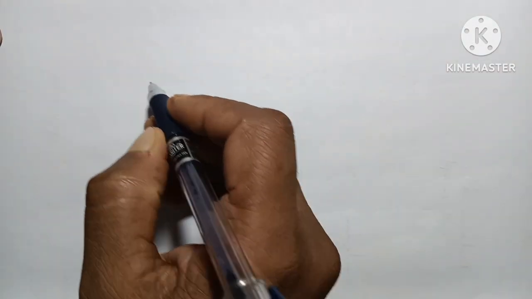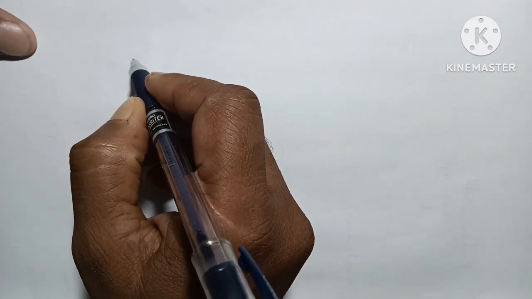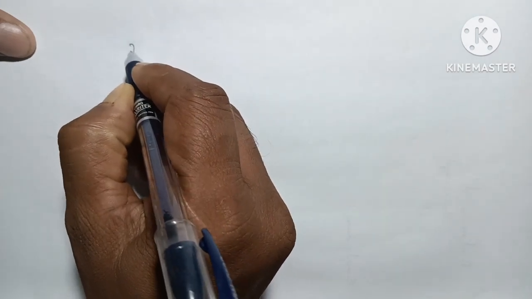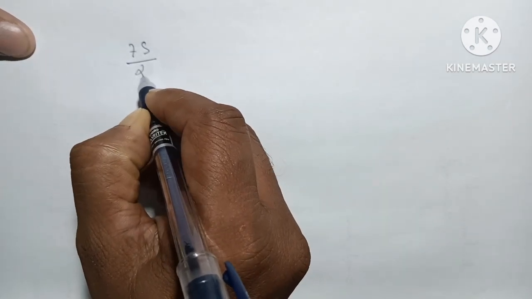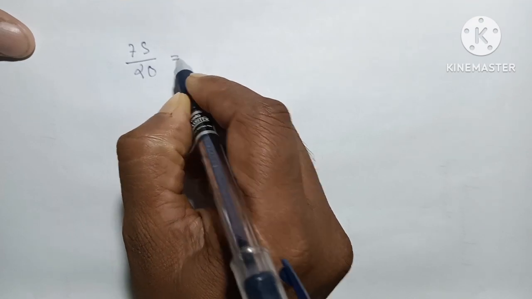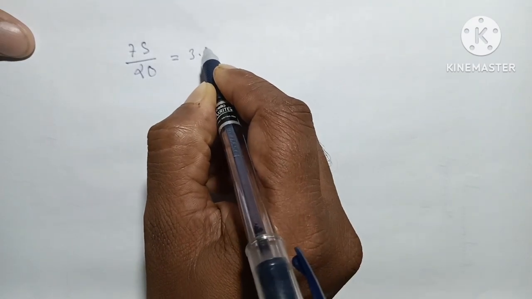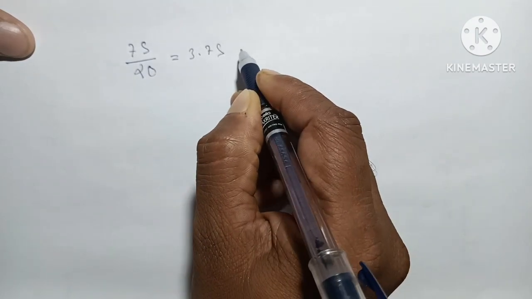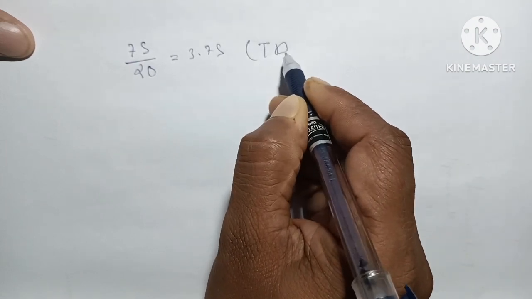Dear friend, a little more discussion to finish. Let's consider one example, 75 by 20. Their decimal expansion comes to 3.75. This is also a terminating decimal expansion.